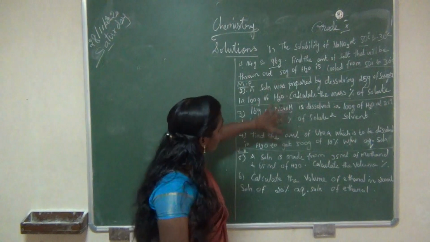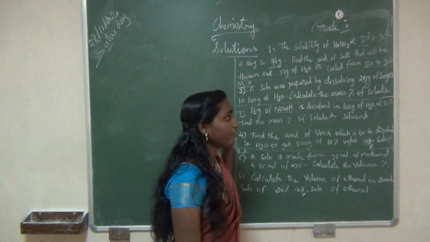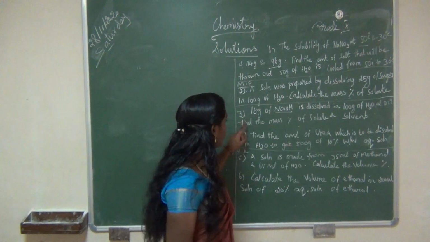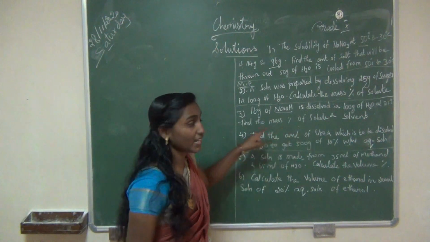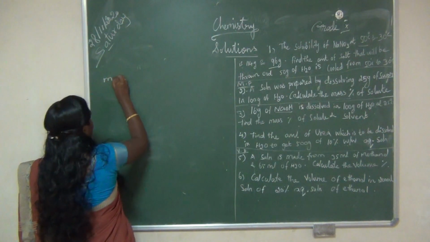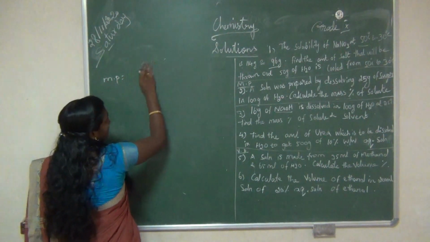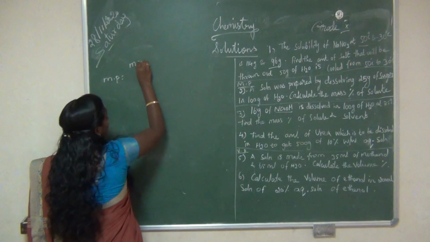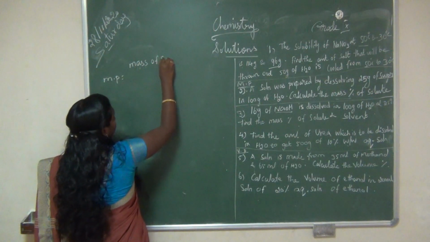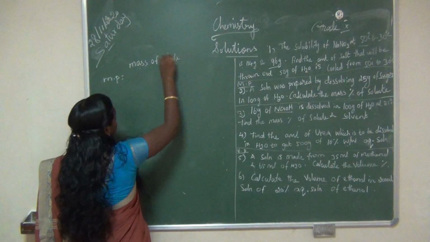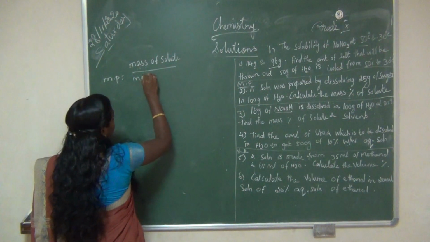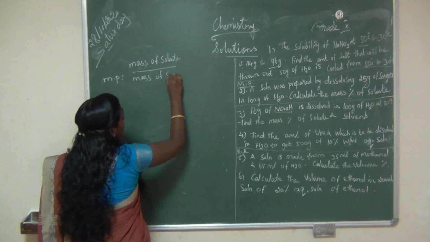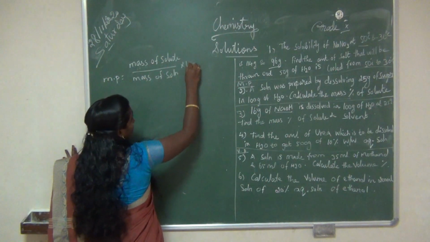Same way only. First we need to write the formula. Find the mass percentage, right? So mass percentage is equal to mass of solute divided by mass of solution into 100.